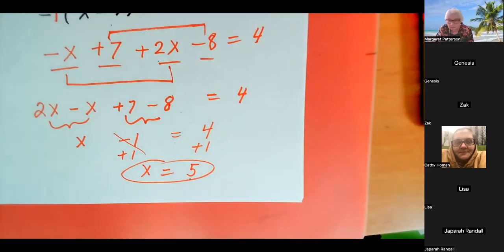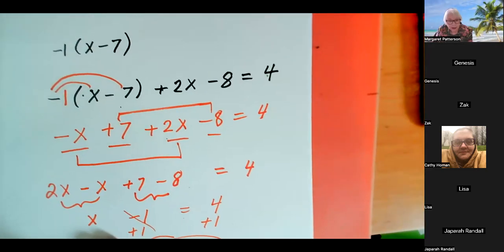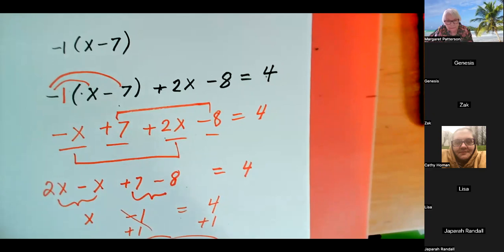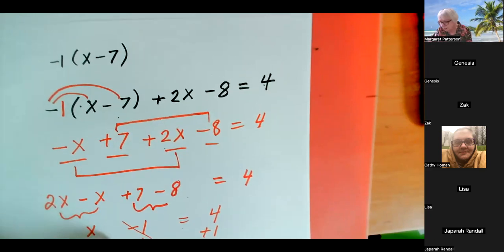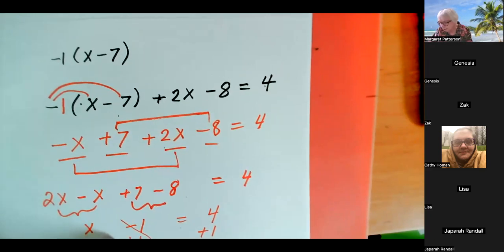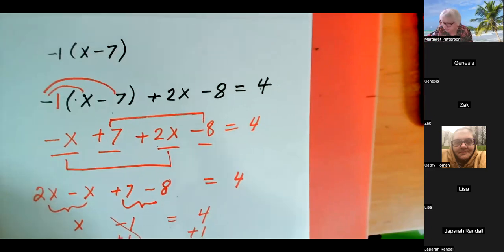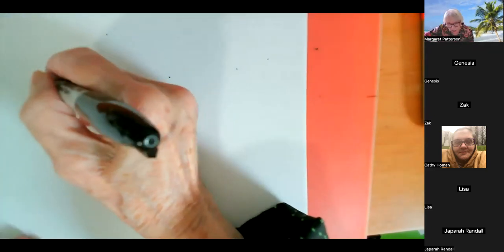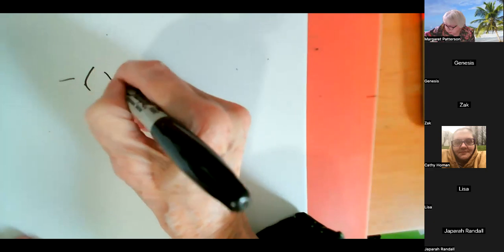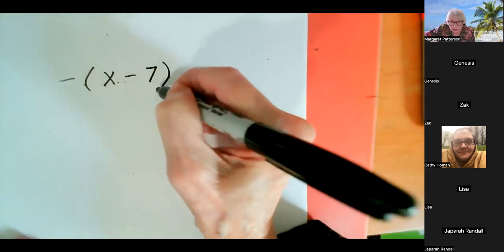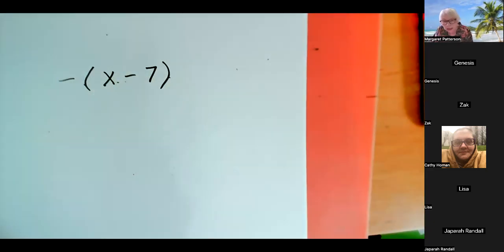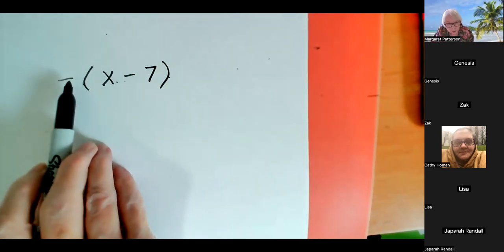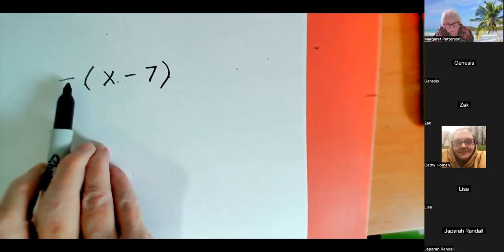Okay, the first parenthesis, that's why I was lost. Yes. So when it's written like this, we're not multiplying the -1 times the +7. We're just changing the signs in the parenthesis if it's outside of the parenthesis. I'm going to write it again, just that part, because that's the confusing part. There's all kinds of ways to interpret this symbol.